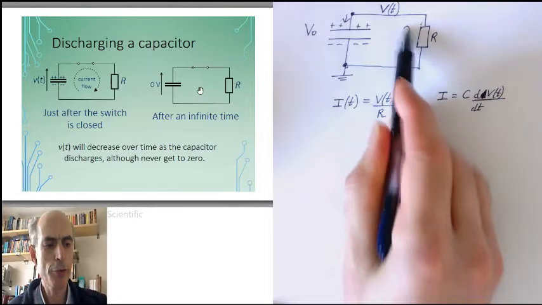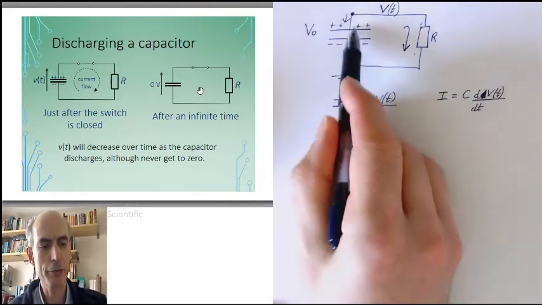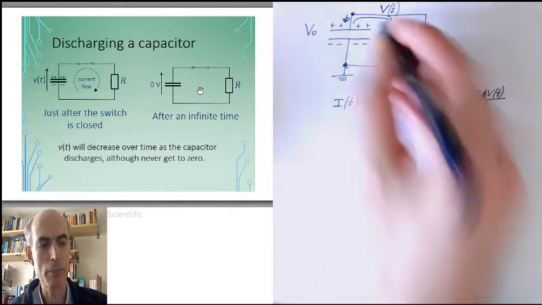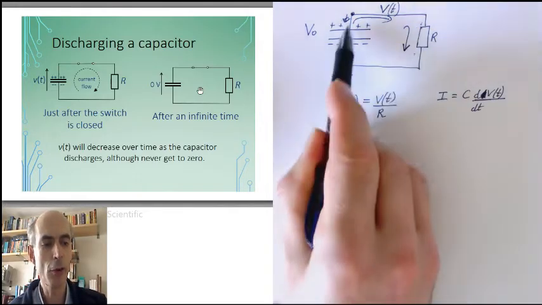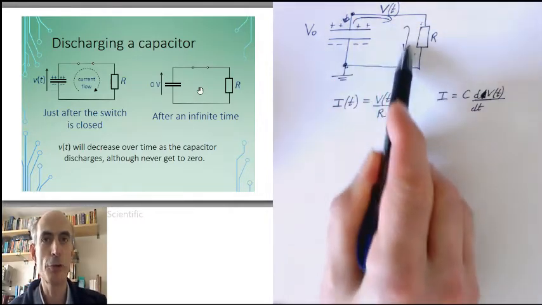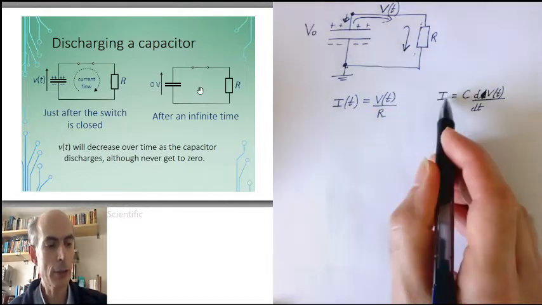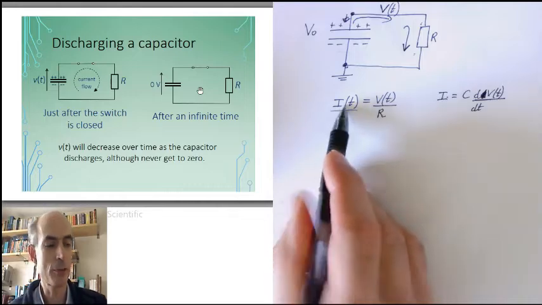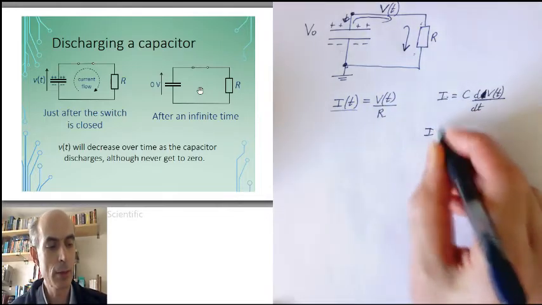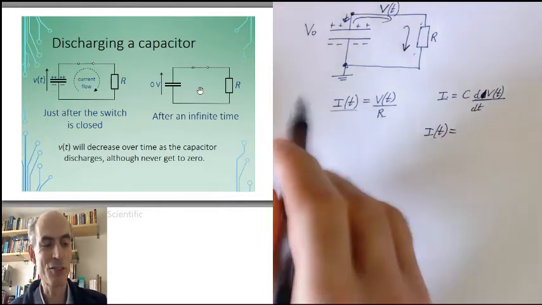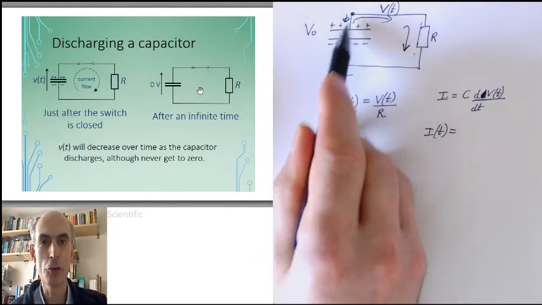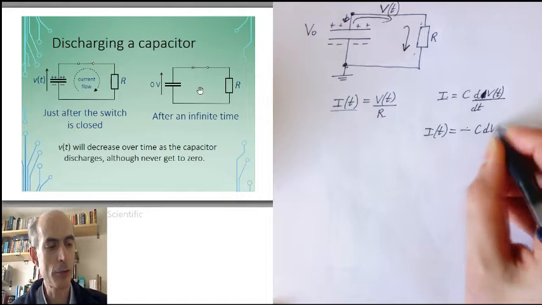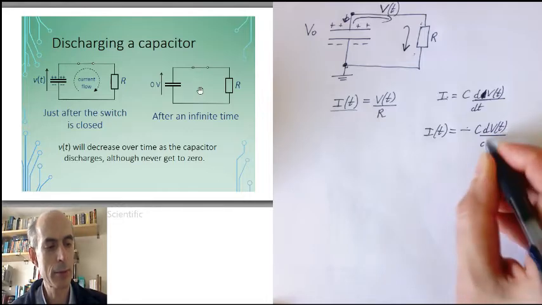The current flowing through the resistor must be current flowing off the capacitor, in the other direction, because it's the same current flowing off the capacitor that's flowing through the resistor. So the current in the circuit here, the same current that I've put into this equation, I of t, is actually minus the current that's flowing onto the capacitor, minus C dV/dt.